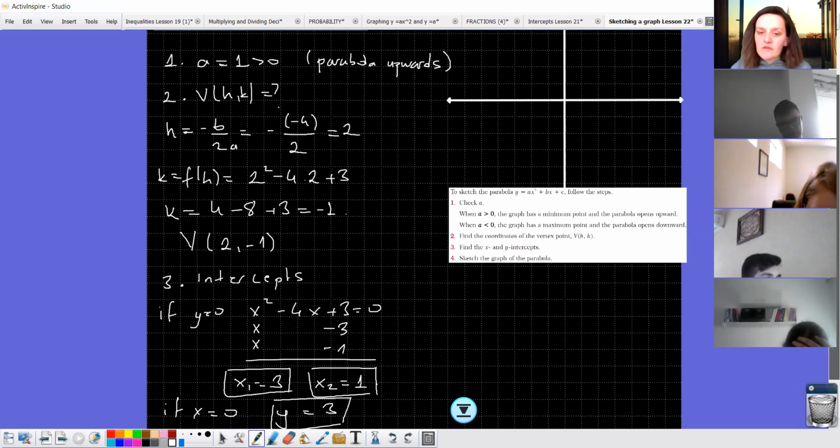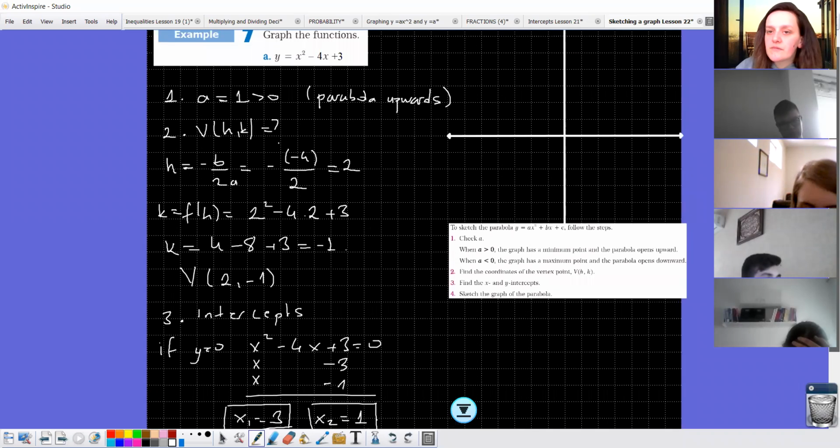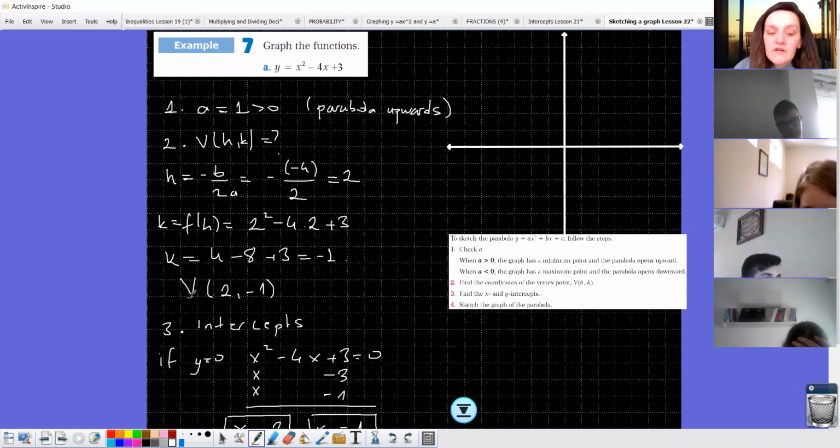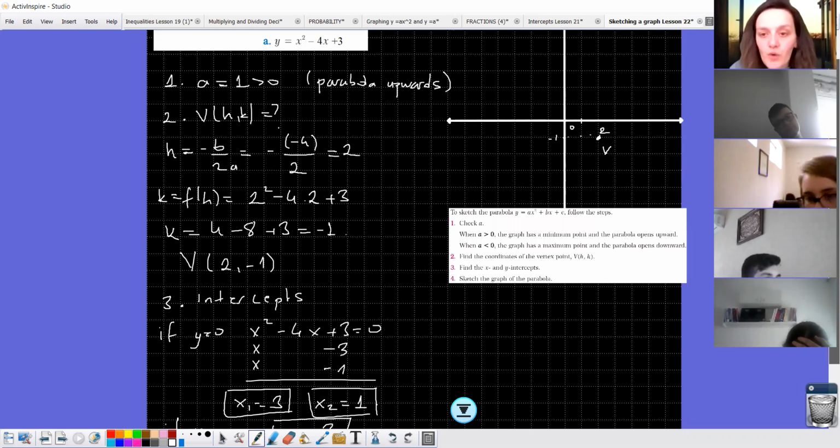Now let's find them in the coordinate plane. Vertex is 2 and -1. So if this one is 0, 1, 2, and -1 is here, then this point here is the vertex point. Then the x-intercepts are 3 and 1.